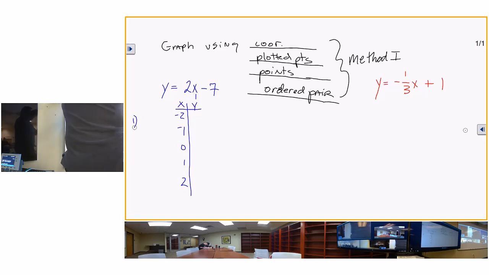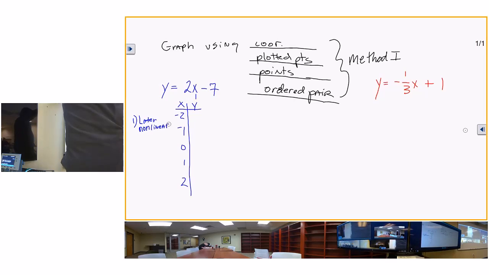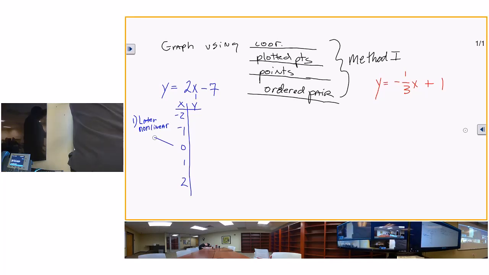One, later in another math class, you may go into nonlinears, which means curves. And the only method you can use with nonlinears is method 1. So I get everybody in the habit of using 5 numbers because you have to use at least 5 numbers when you're using nonlinears.